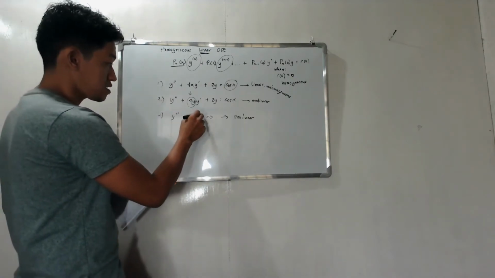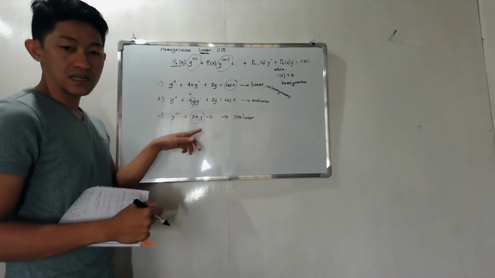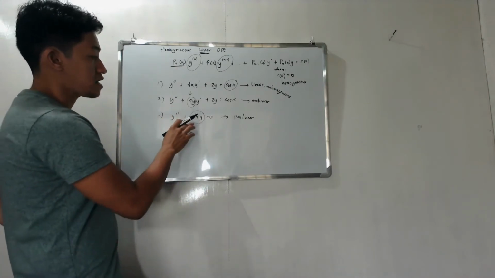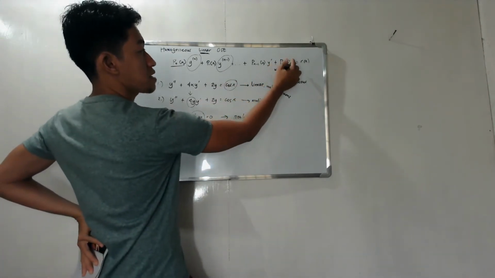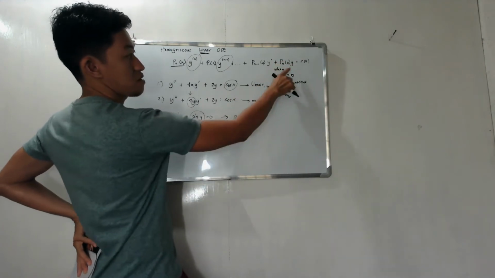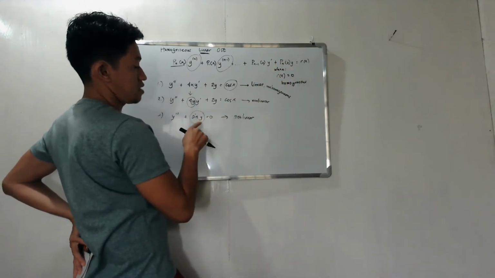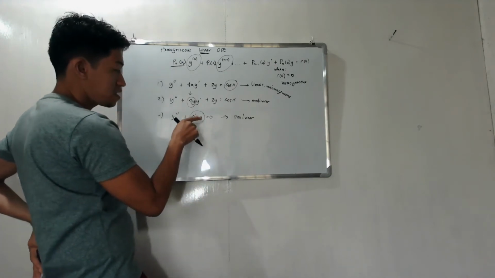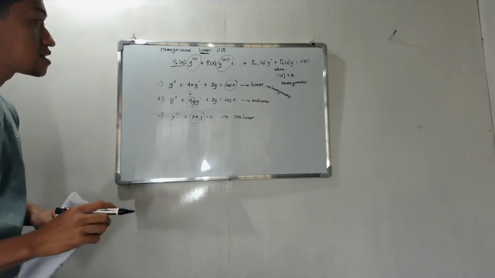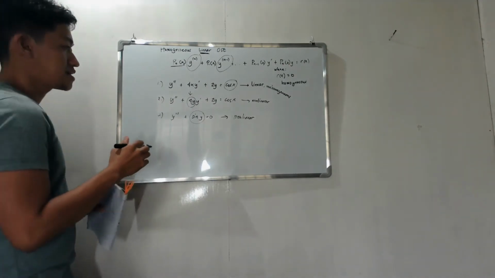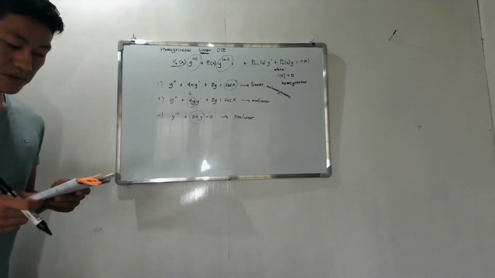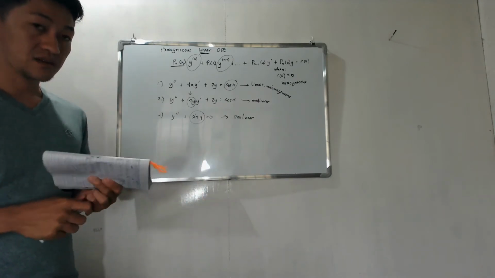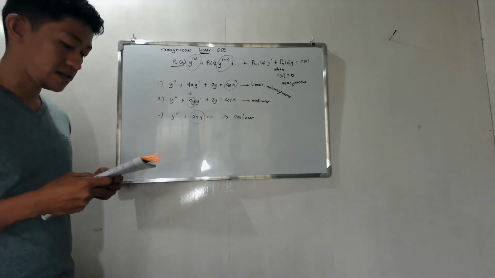Because of this sine. Trigonometric man ito, hindi man ito linear. Okay, so based on the format, dapat y lang. Y. Okay? So hindi pwedeng may anything sine. Okay? So I hope malinaw sa inyo yung linear or non-linear.